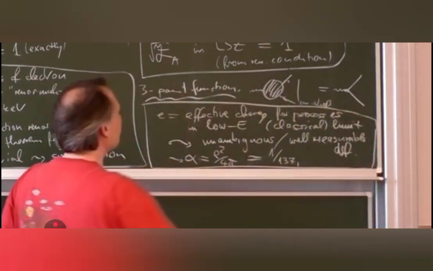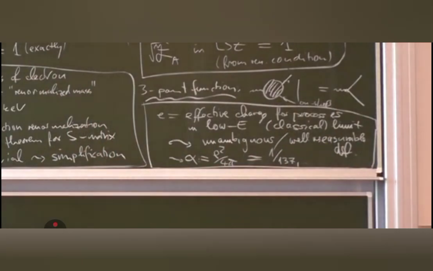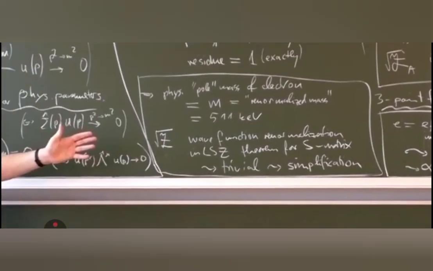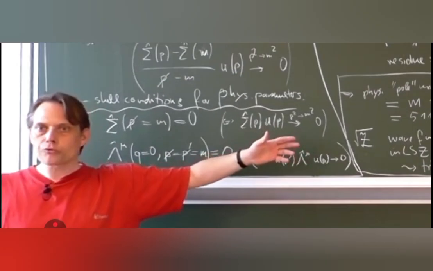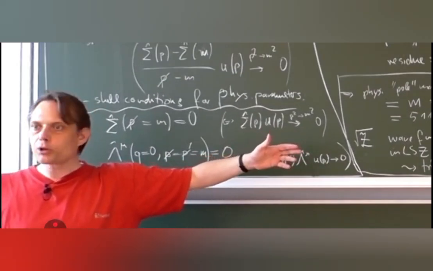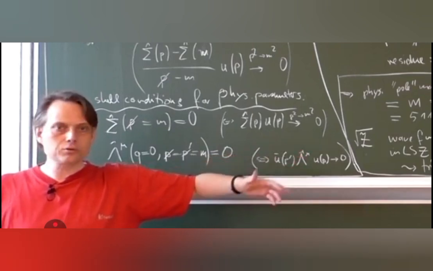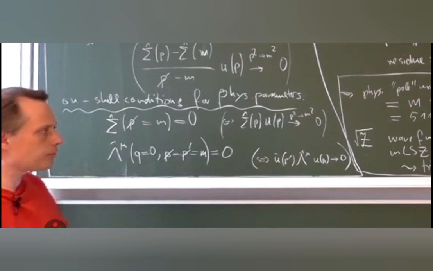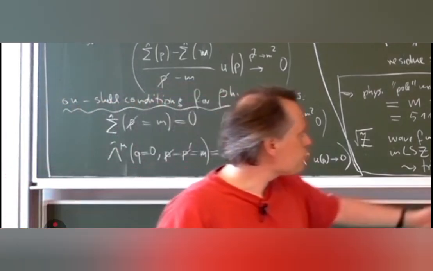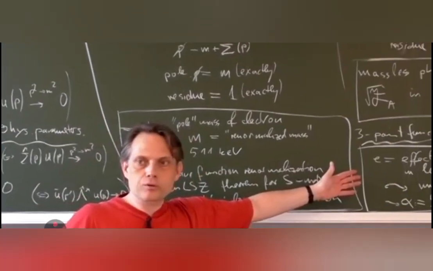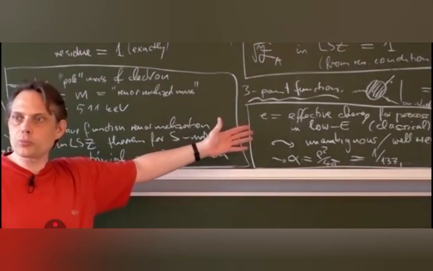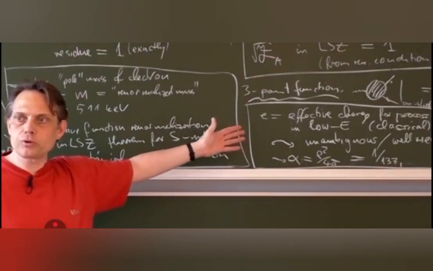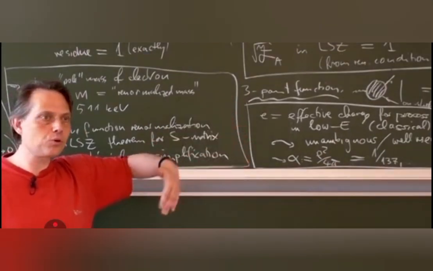So again, also for the electric charge, like for the electron mass, we have a direct constructive experimental definition of the electric charge. And the relationship between observables and the charge parameter does not depend on our loop order. It's an exact relationship that you know once and for all.